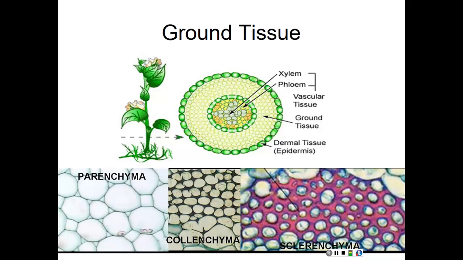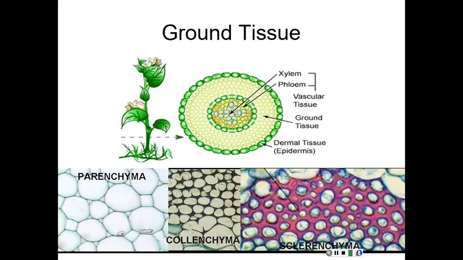Okay, so let's talk about ground tissue. Ground tissue really is anything that's not vascular tissue or dermal tissue. It's a kind of catch-all for everything else. Sometimes we will refer to ground tissue as either being pith or cortex. If it's pith, it's ground tissue that is inside the vascular tissue, that lies to the interior of it.